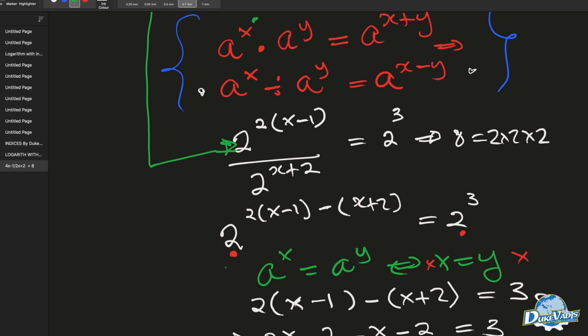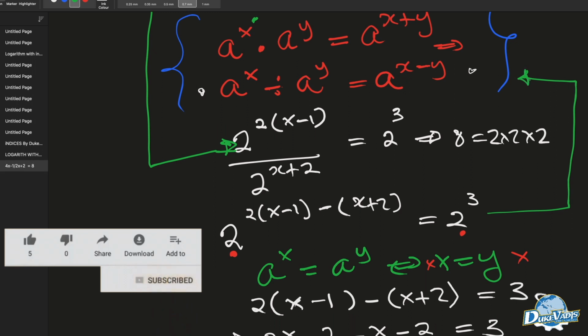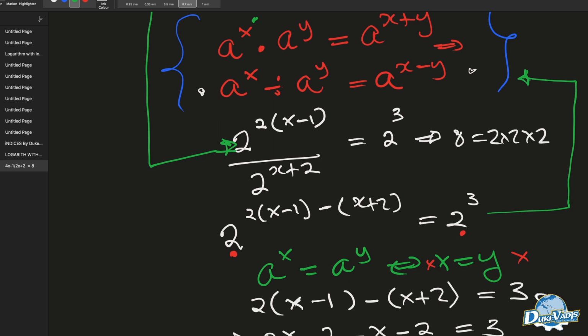After that, we went back to apply the division rule. From here, we move up to apply this one. So that's the reason why the subtraction occurred.